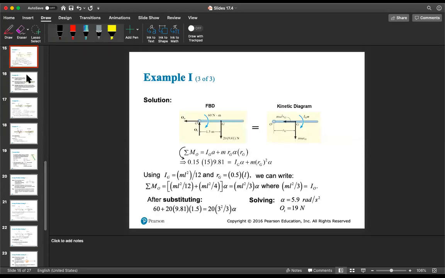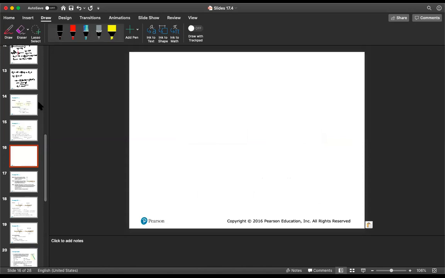Sorry, I lost my, there we go. All right, so I have the following picture. There's a string attached to this beam. The center of the beam is here. The pivot is here.